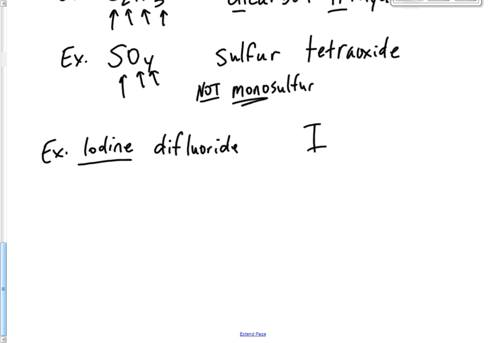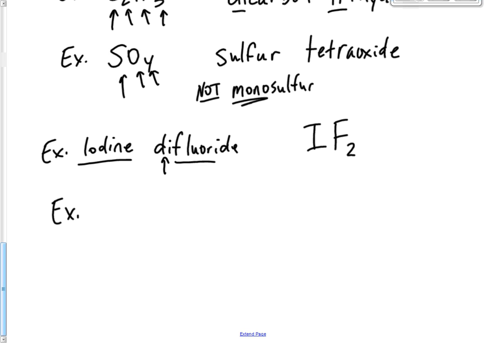Well, it doesn't give you a prefix, so you got to have 1. You don't put a 1, just like in ionic bonding. Your next one, fluoride is fluorine, so IF, and then you've got di. You look at your prefixes. Di means 2, so it's IF2.